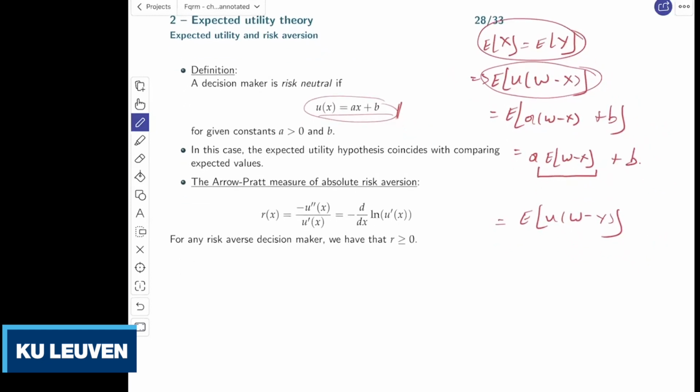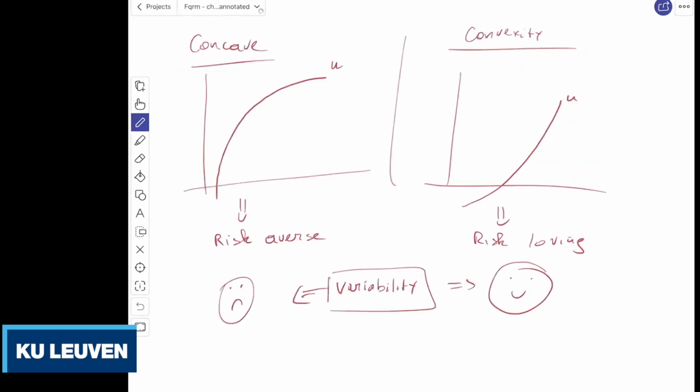In order to quantify or measure the risk averseness of a decision maker, you are looking at how concave this function is. The slope of your concave function tells you how fast your utility is going down when you are losing money.